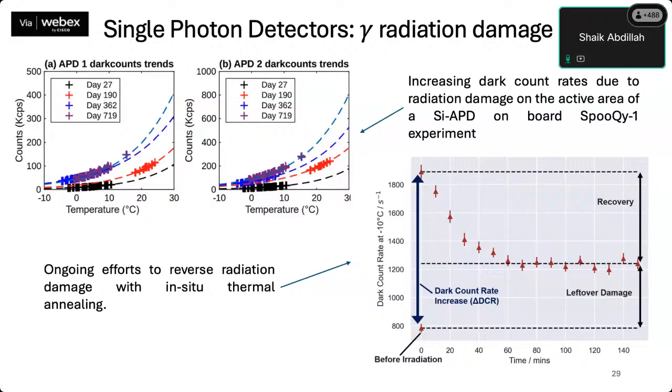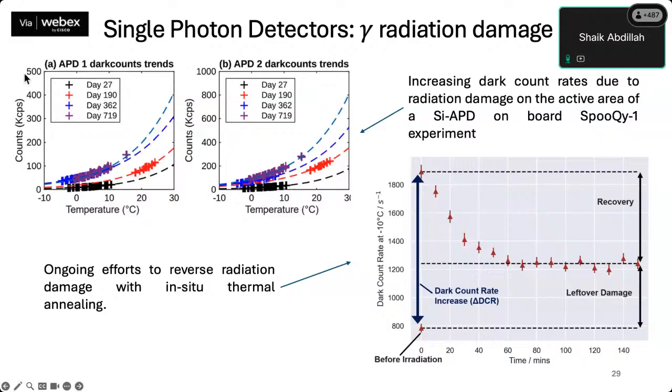At higher temperatures, we will see higher dark count rates because electrons get promoted by thermal noise. But over time, they accrue radiation damage. So if you compare the dark count trends for APD2 at day 719 and day 27, you can see a substantial increase of dark count rates, by at least an order of magnitude.